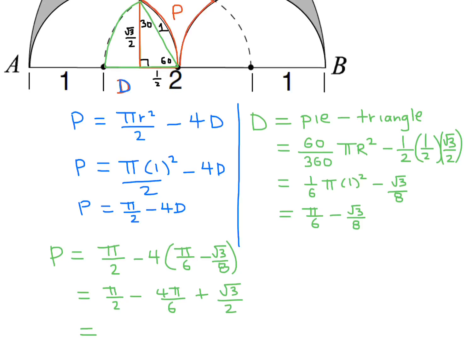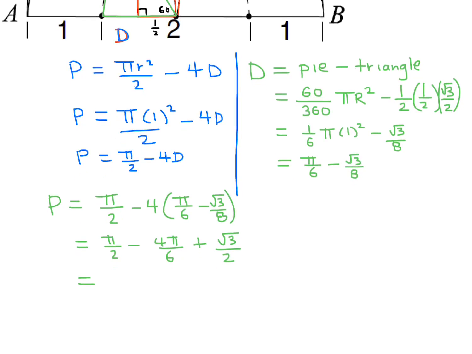And if you get a common denominator, it'll be 3 pi minus 4 pi, which is minus pi over 6 plus √3 over 2. And I will just write it as √3 over 2 minus pi over 6, like that.